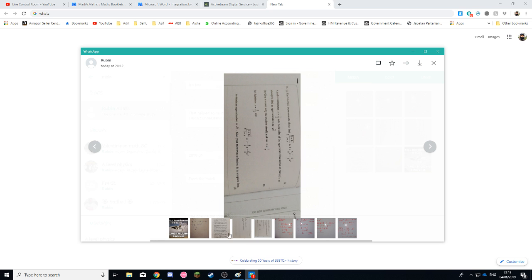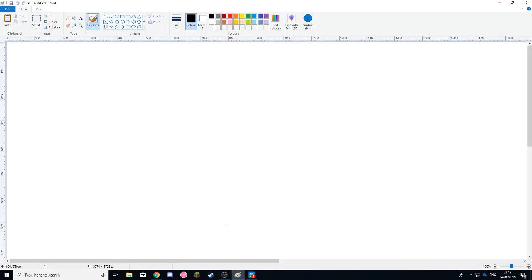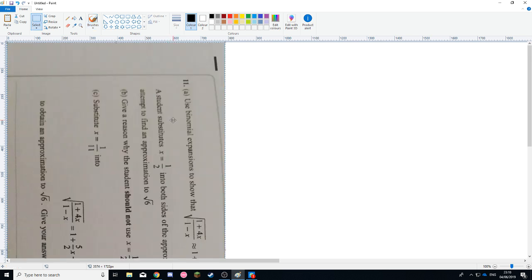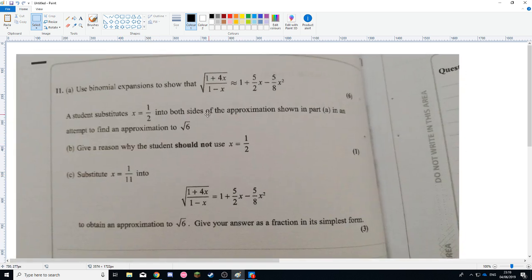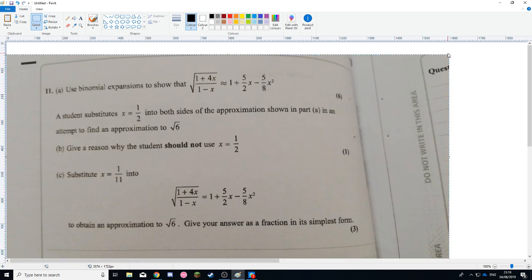Rotate. Can't rotate. Come on. There you go.